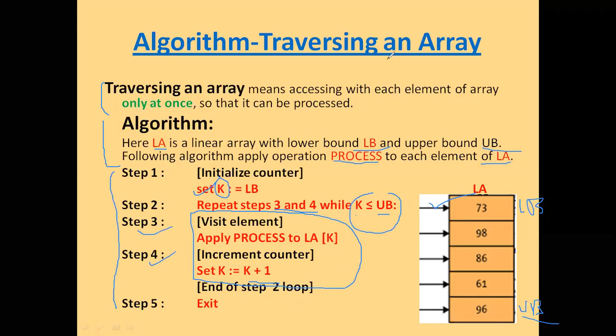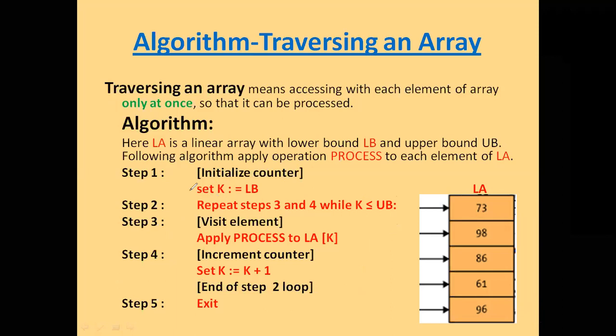Okay, so this is your initial condition, and you have to go to each and every element. So you have to repeat the third and fourth. What is your third step? Now I have written: apply process to linear array of kth element. Linear array of k means, right now what is k over here? K is 0.